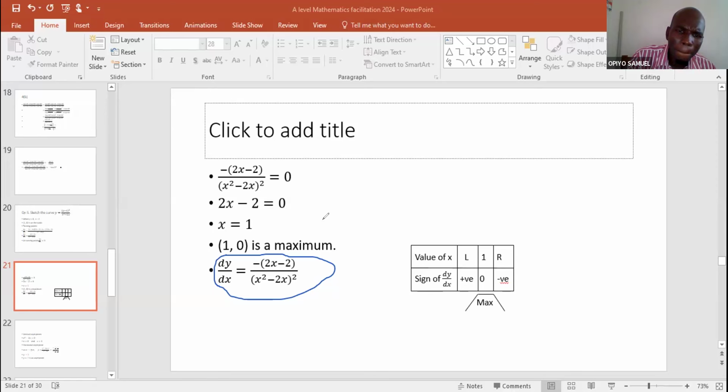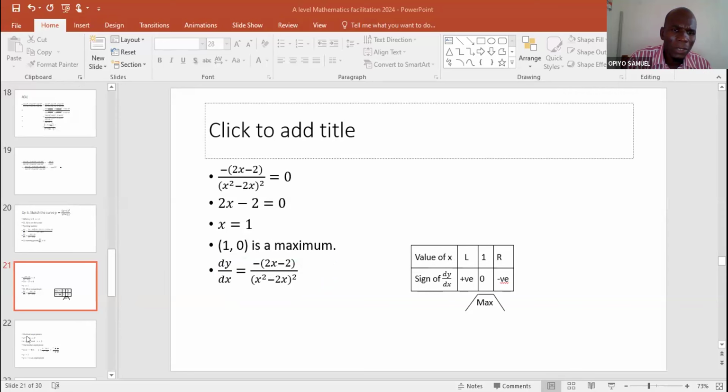However, if it is positive, it implies minimum. This is somewhat confusing to students, because with the second derivative, most students think that when you get positive, it is maximum. It's not true. It is the other way around. But when you substitute again and get 0 using the second derivative, it means point of inflection. So that is how we can determine the nature of turning points. We have two methods: using the second derivative and using the gradient table.